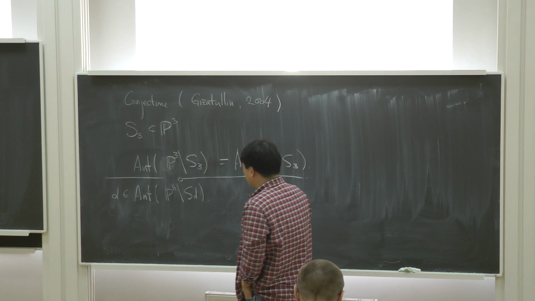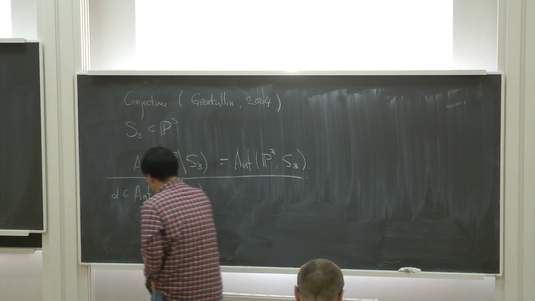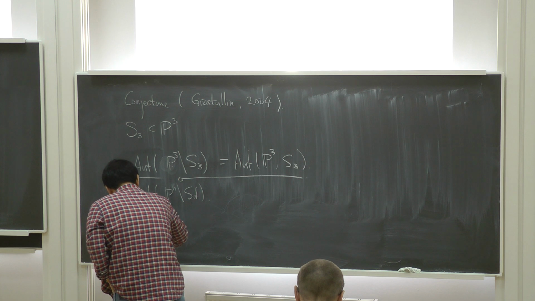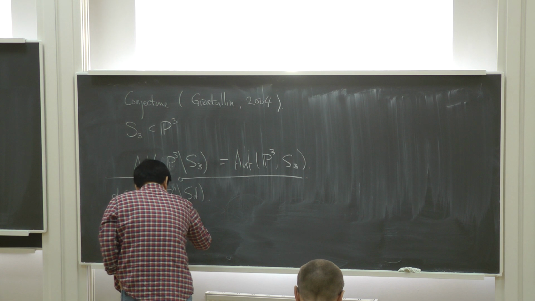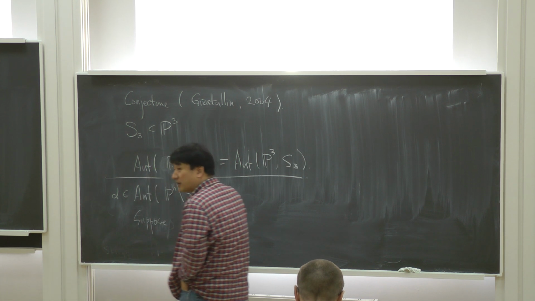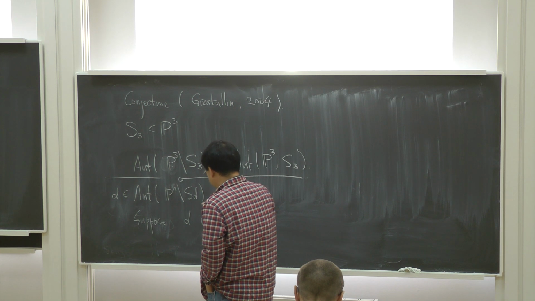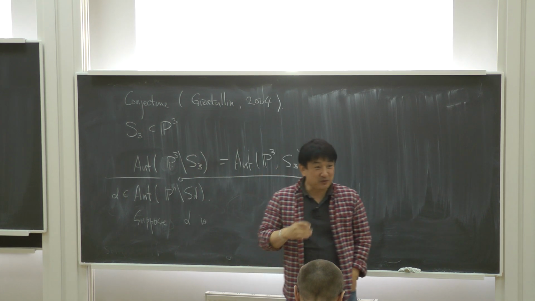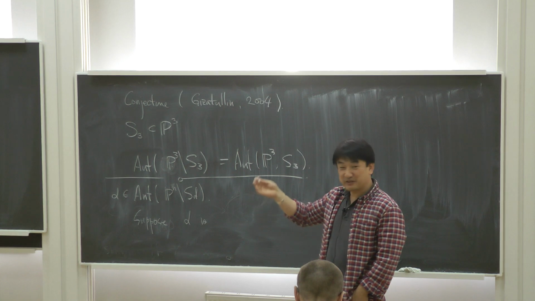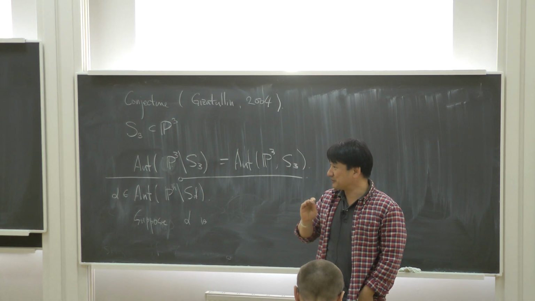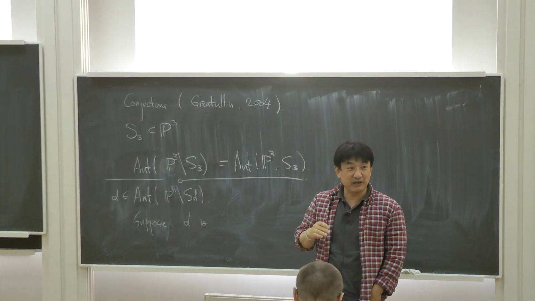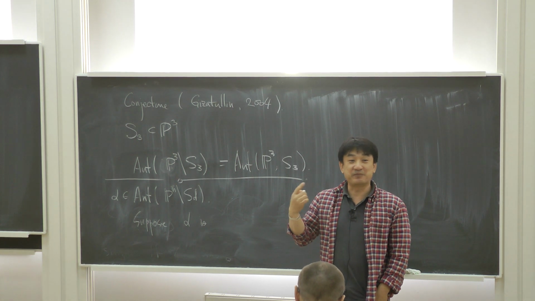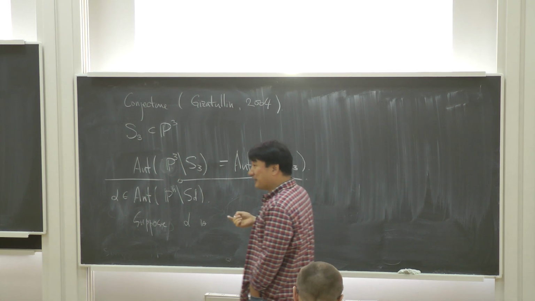All right, and suppose alpha is an automorphism of Pn outside of this hypersurface. So you may consider this as a birational automorphism of Pn.